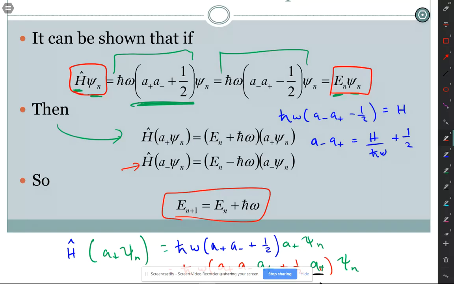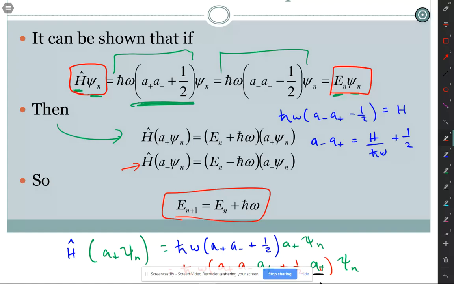That's what the first line says. Then the raising operator is also a function of the Hamiltonian, and the lowering operator acting on the wave function is also a function. But they give you different energies. So they're not the same function, they're a different function that's also a function of the operator.